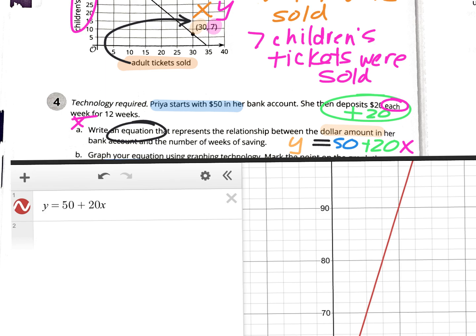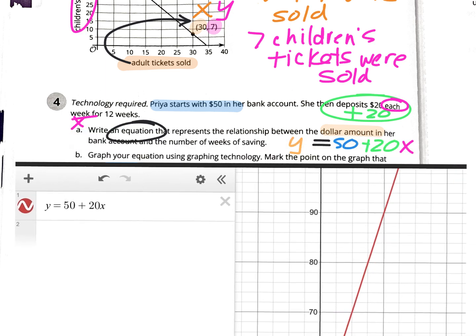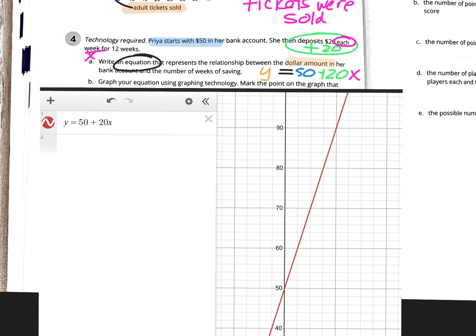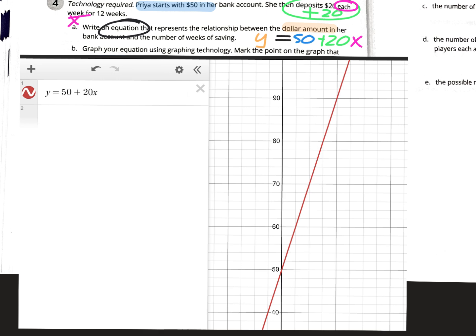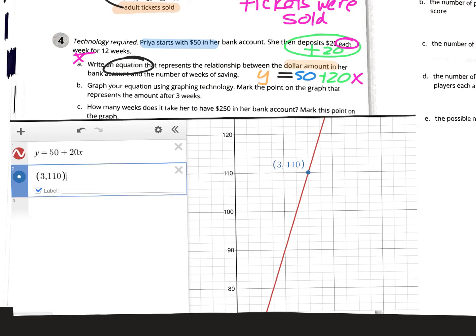So for part B, I did follow the directions and I graphed my equation using technology. And it asks, mark the point on the graph that represents the amount after 3 weeks. So if I look on my line, I see that at the ordered pair that represents 3 weeks, which is my X, it aligns with my Y, which is 110.